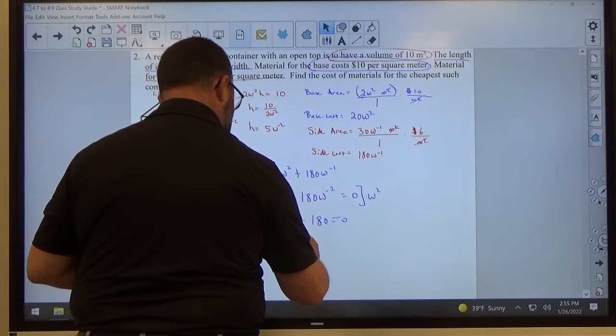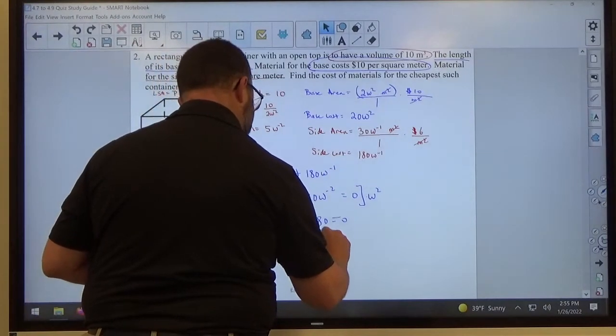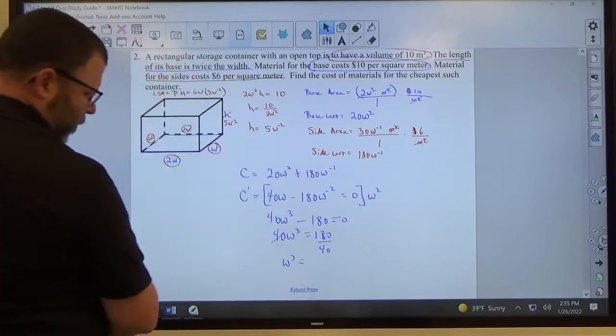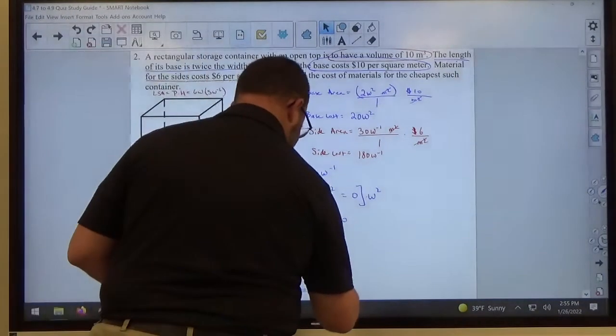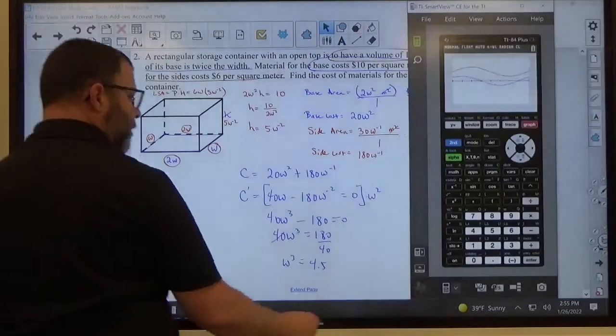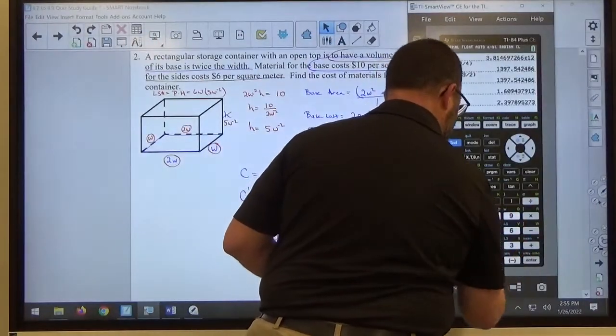So 40W cubed is equal to 180. W cubed is equal to 180 divided by 40, which is 4.5.